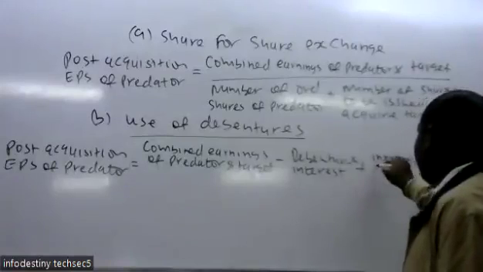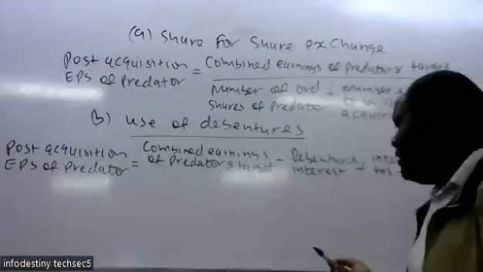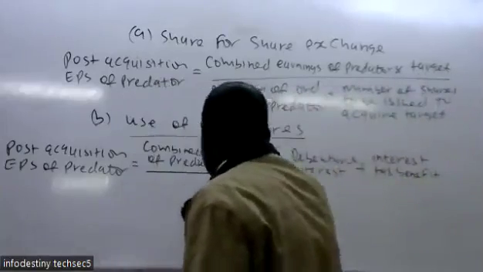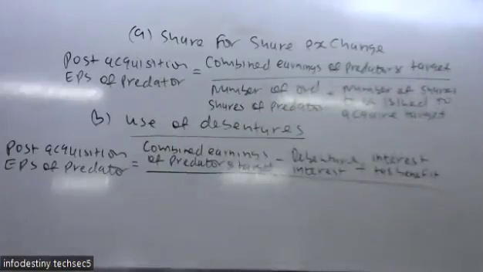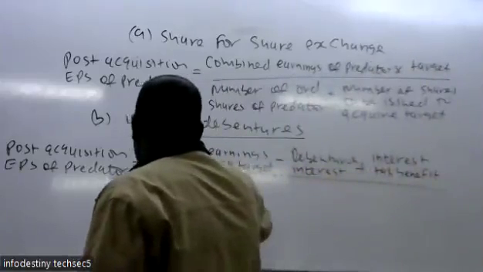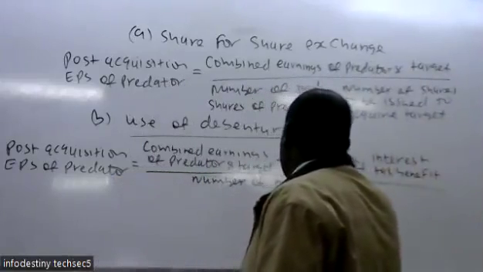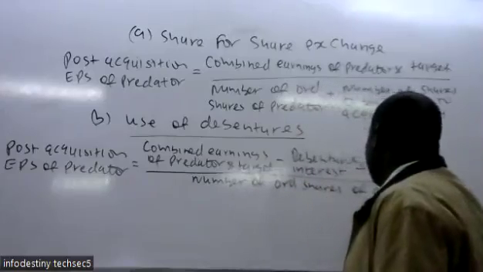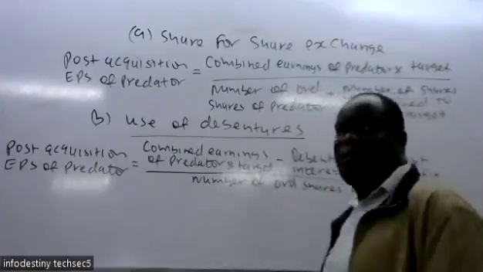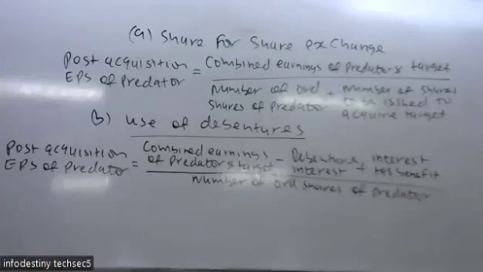Then we divide by the number of ordinary shares of the predator. That's when it is the use of debentures.